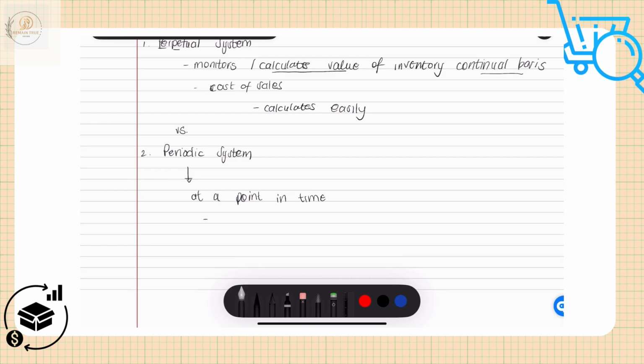It's not calculated continuously or in real time. But when we need the inventory value, then we calculate it at a point in time. I hope this makes a bit of sense.